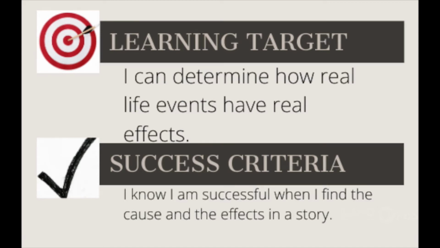Well, we looked at the real events like the koalas and the gecko calling on the cell phone and the butterflies, and we found the cause and the effects in those articles. And then we also looked at a biography, which was a real person and real events. And we looked at the cause and the events. There were a lot of different events. So I would say that, yes, we were successful today.